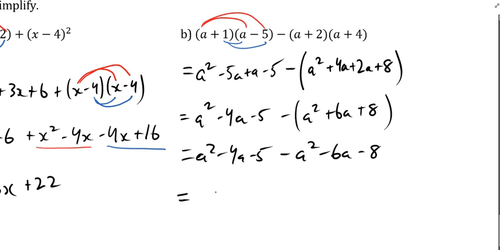A squared minus a squared is 0. That's gone. Negative 4a minus 6a is negative 10a. And negative 5 minus 8 is negative 13. There's that integer math again. Any questions? It's worth thinking about for a minute, trying to find a way to remember it when it comes up again, because I'm sure it'll come up again at some point.